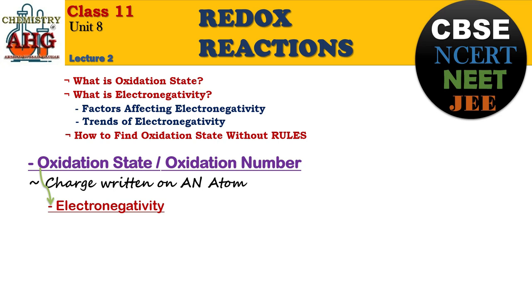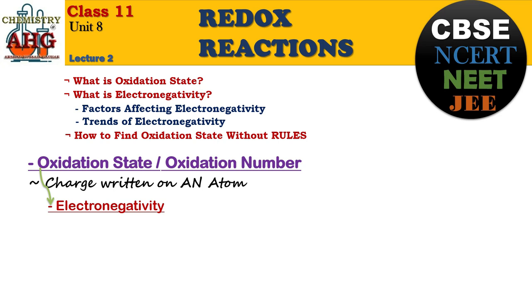So what is electronegativity? Always remember, it is the ability of an element to attract electrons towards itself. Now what happens whenever an element attracts electrons towards itself? The negative charge of the electron is built up on that element.